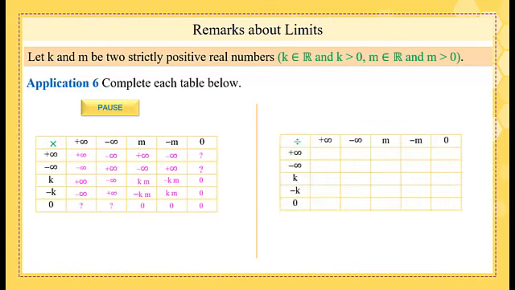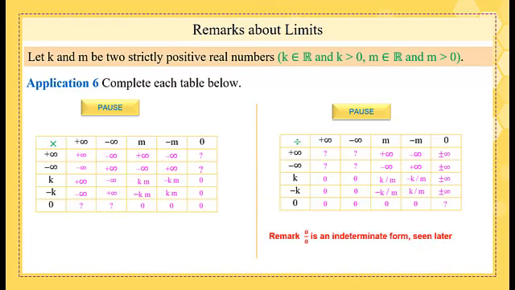The last table by dividing the terms. Pause the video, please. Here we have 0 over 0. Pay attention, it's an indeterminate form and we'll see it later.